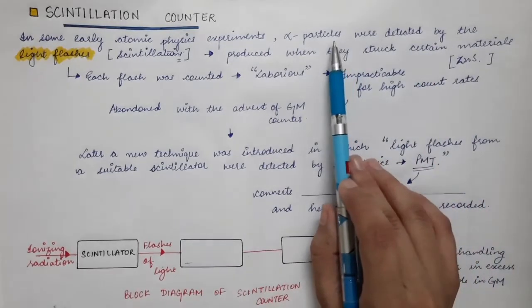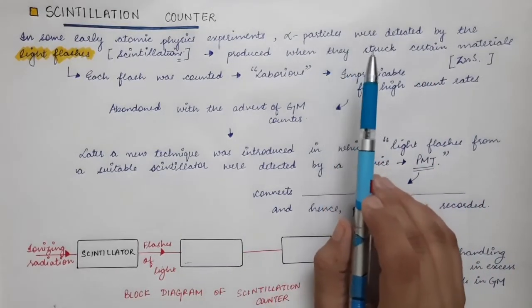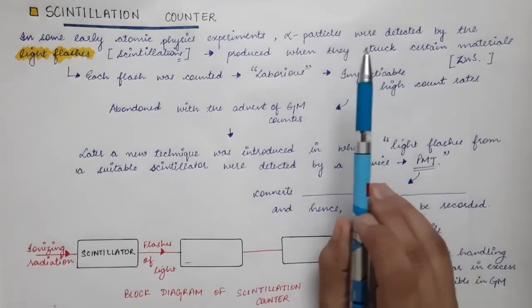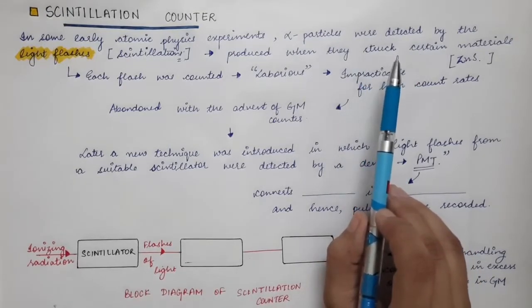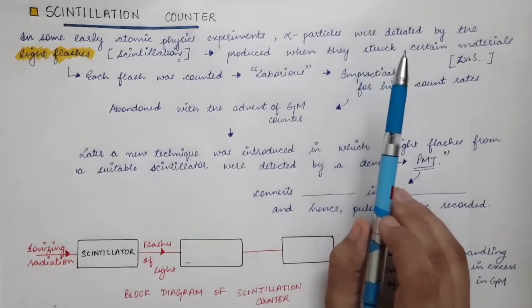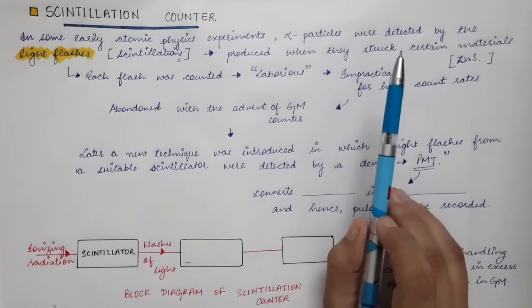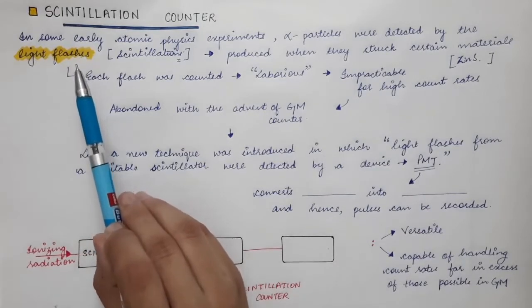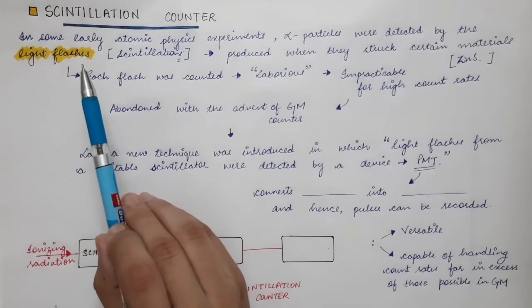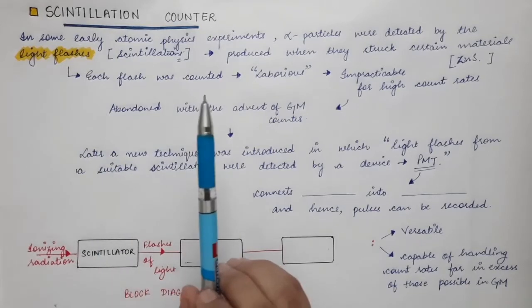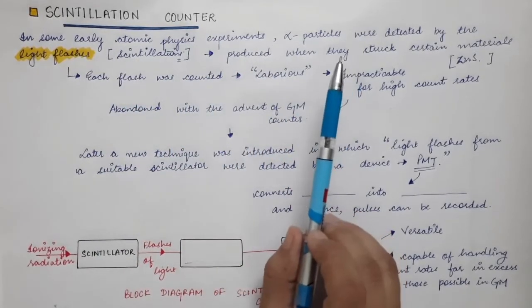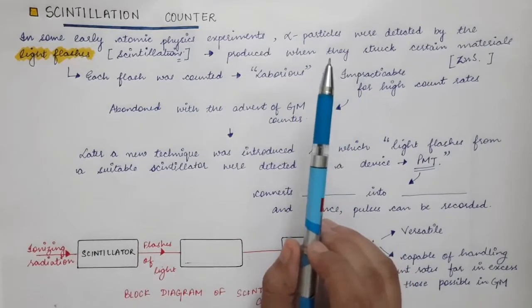When energetic particles strike some fluorescent materials, a part of their energy is transferred to the atoms or molecules of the fluorescent material, and flashes of light are seen. So in the early atomic physics experiments, this method was used to detect the particles.